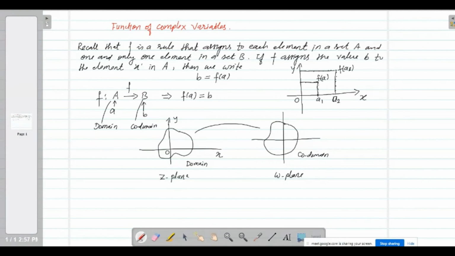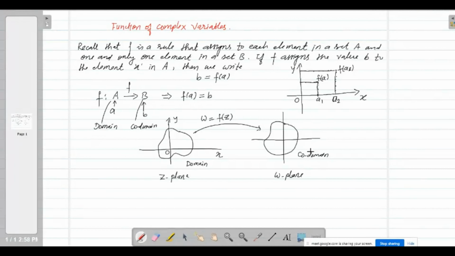If you define this function from domain to codomain, it is written as f of z, and f of z is equal to omega. So omega equals f of z, from the domain in the z plane, the XY plane, to the omega plane.